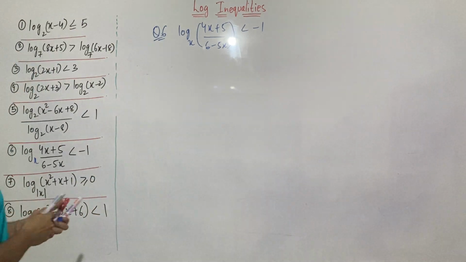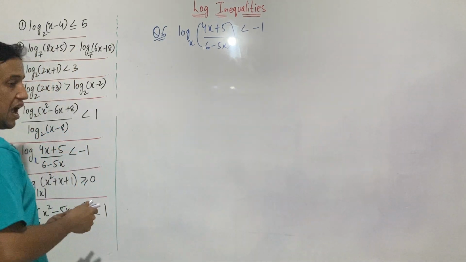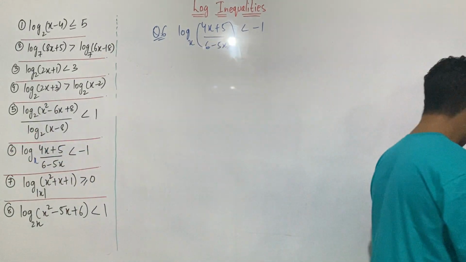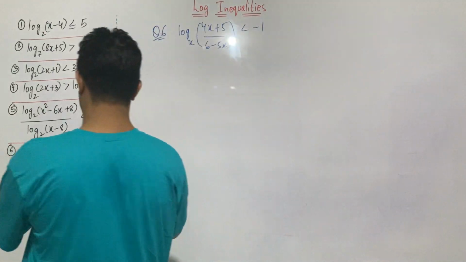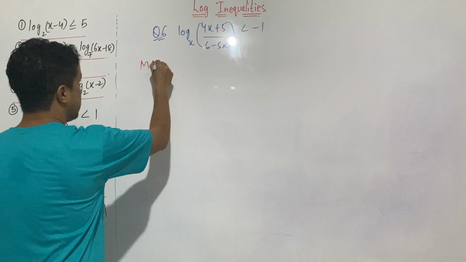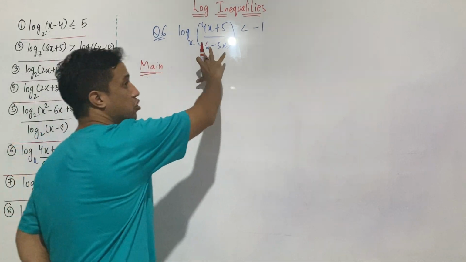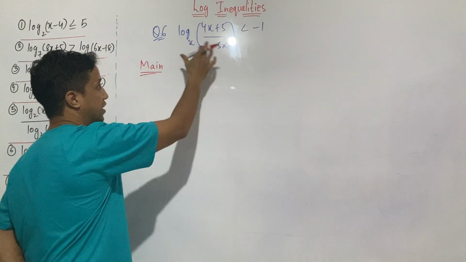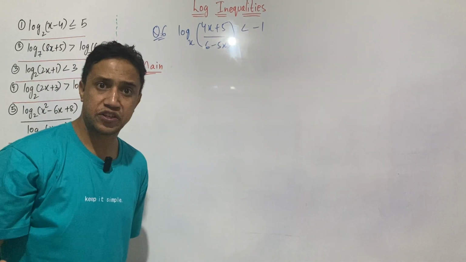Now see here. First, I will write the main condition. For this logarithmic function to be valid, (4x+5)/(6-5x) must be greater than 0.